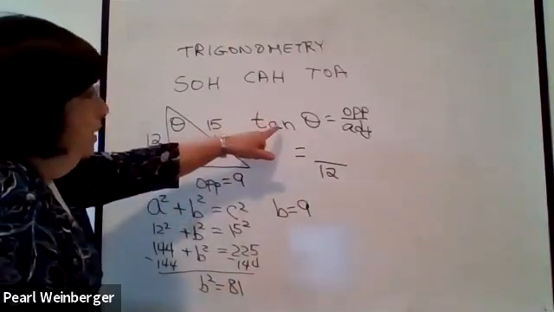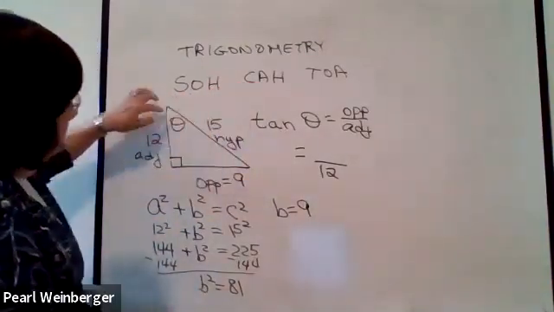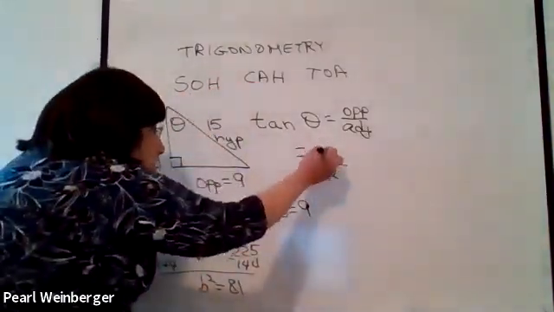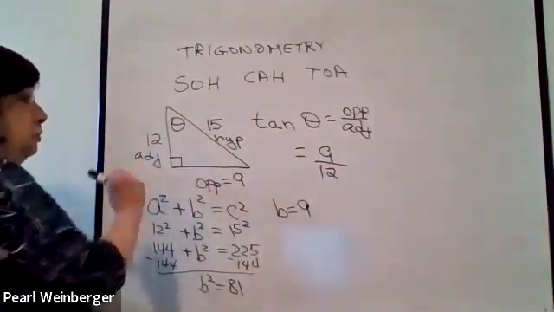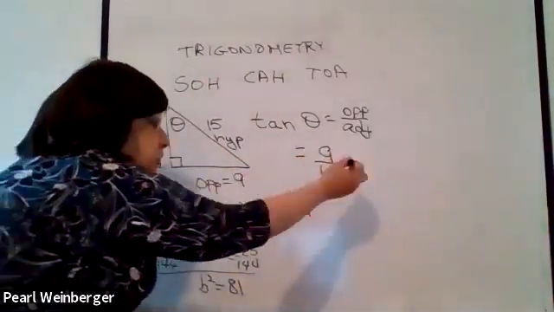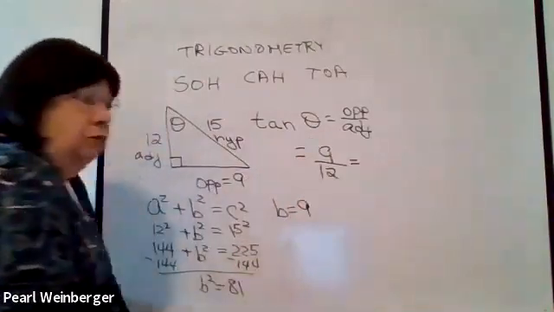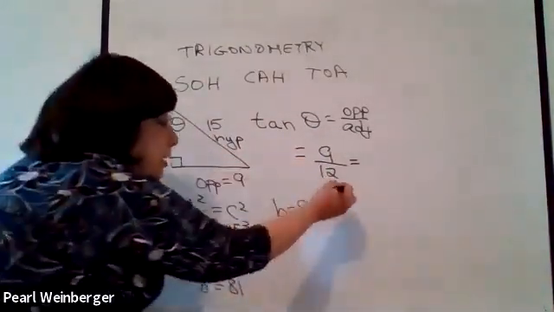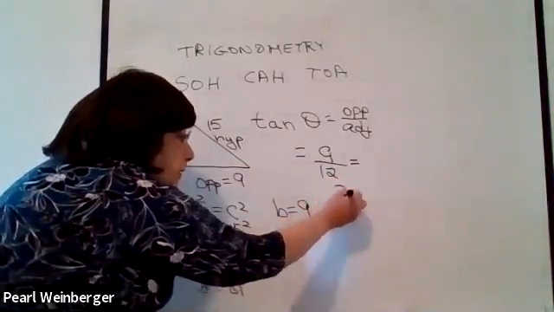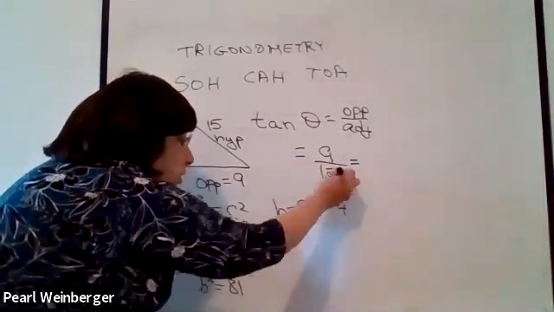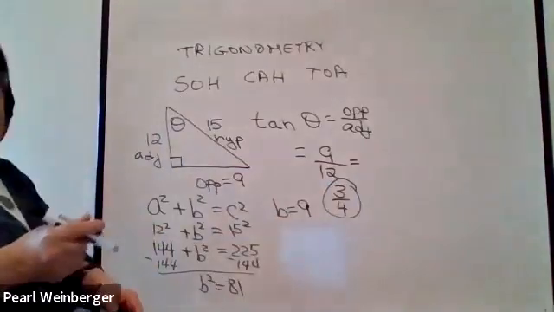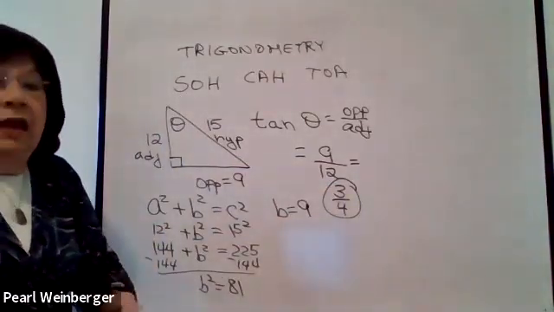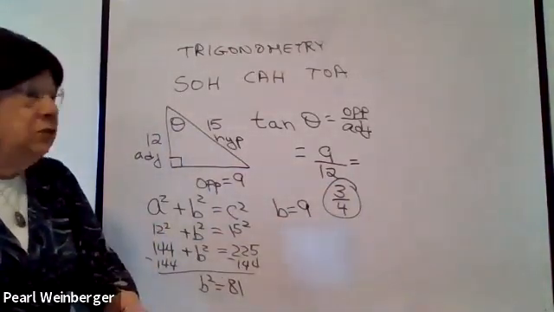So when I go to find the tangent, I do opposite, which is 9, over adjacent, which is 12. My answer becomes 9 over 12. But of course, I can reduce that because I can divide the top and bottom by 3. So in simplest form, it becomes 3 over 4. Usually, we give these answers as fractions.